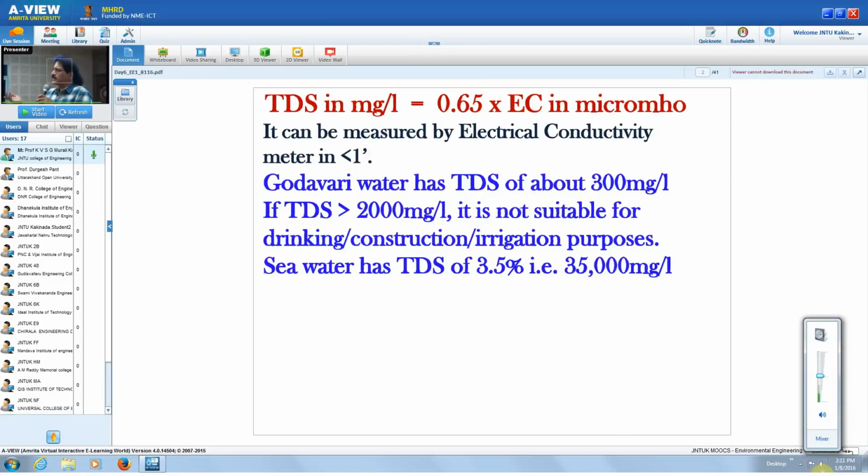If it is more than 2000, you can immediately say that it is not suitable even for disposal. So you have to treat it. That is why it's a very, very beautiful method. In just 1 or 2 minutes, you can immediately tell whether the water is suitable for a particular purpose or not.